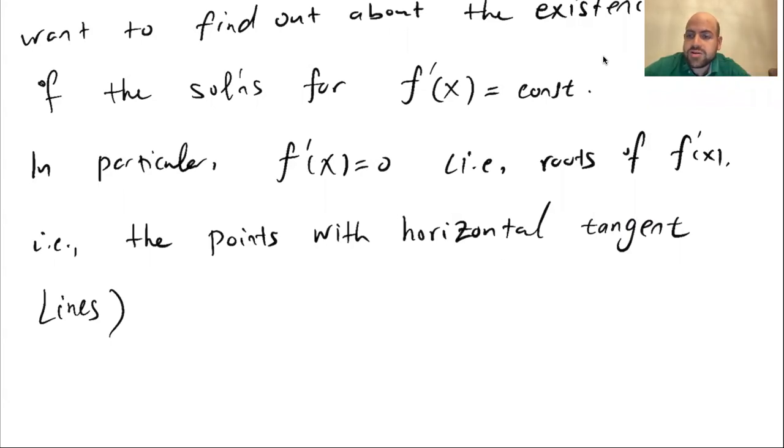So if that function happens to be a derivative of another function, well, again, we can apply this concept, because this concept helps us to at least show the existence of roots of f prime of x equals a constant, and in particular f prime of x equals 0. So roots of f prime of x.